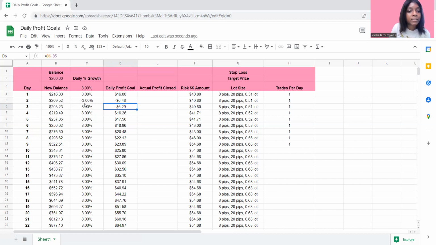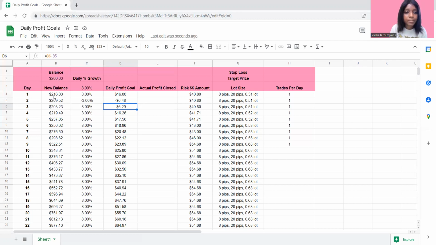As you can see, because this is negative 3%, it's reflecting the loss that took place. Instead of it being added, it is actually subtracted. So this is the balance that you will have if you were to lose 3% versus gaining 8%. Also, take into thought that you started with $200, hypothetically speaking.